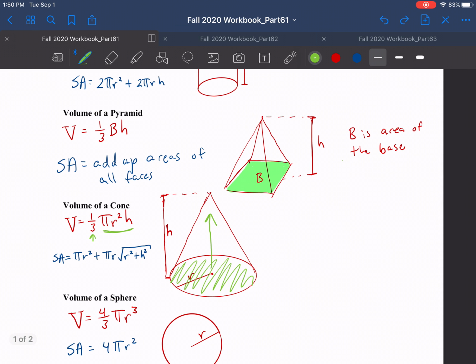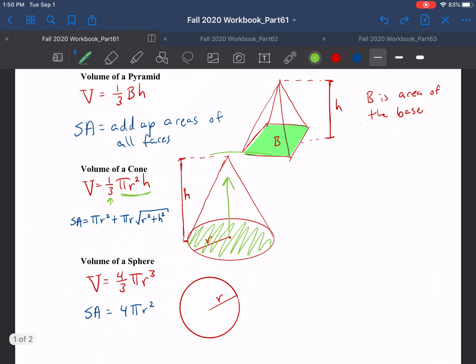And the cylinder is obviously larger. If I made a cylinder out of this, the cylinder has a larger volume than the cone. And so therefore, we have to take this 1/3 in order to get the volume of the cone. Okay? It makes it smaller.